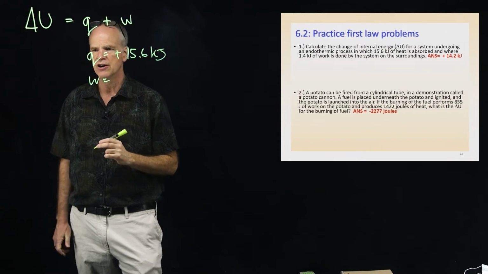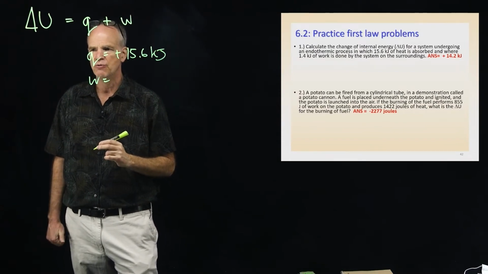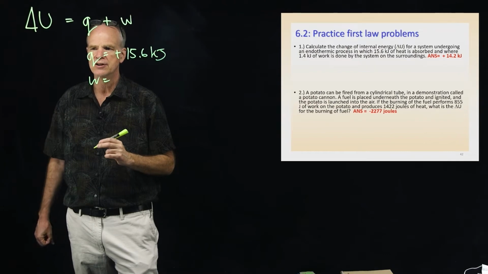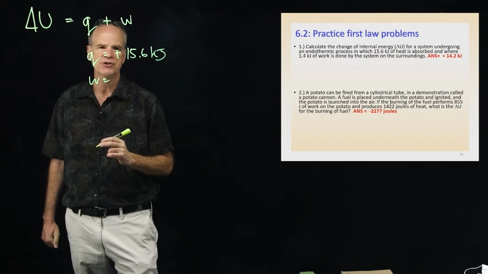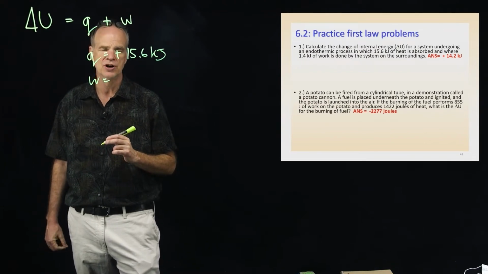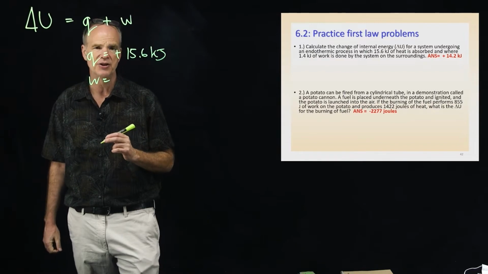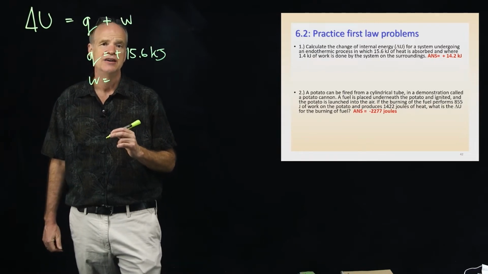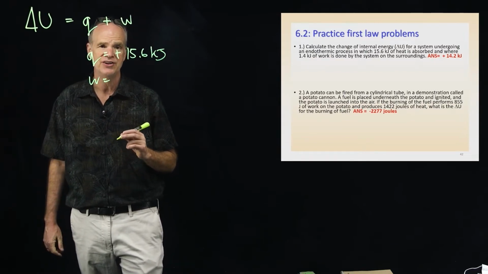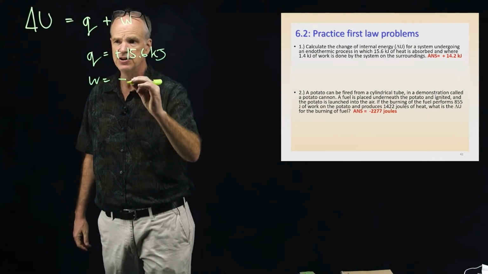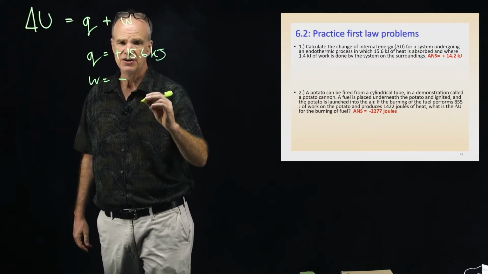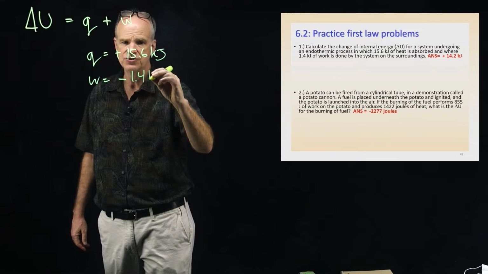How about work? It says 1.4 kilojoules of work is done by the system on the surroundings. If you have work done by the system on the surroundings, then work is negative, so I'm going to put a negative here, with a value of 1.4 kilojoules.